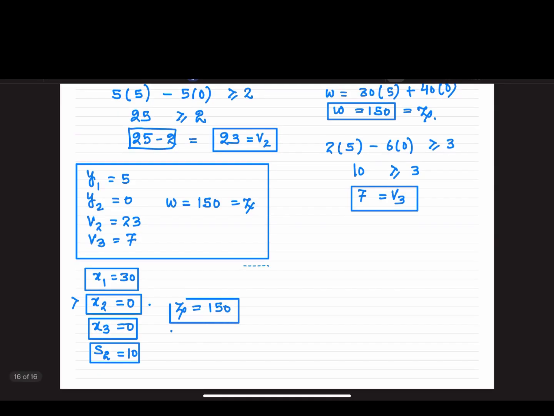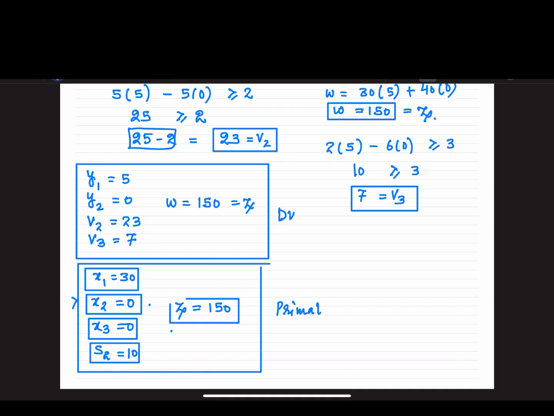So this is the information of the primal and this was the information of the dual. We haven't applied any simplex table. We just applied the complementary slackness condition to get the answer. Okay.